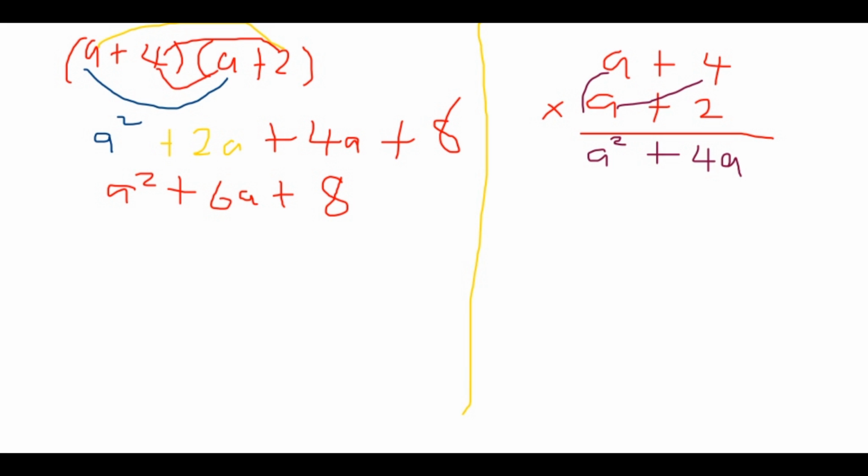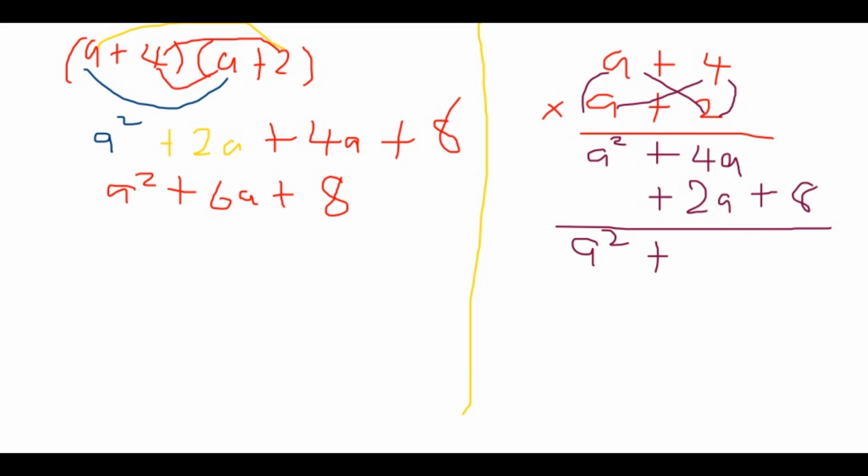Next, we move to the next row and multiply with the second term. 2 times a is 2a, and 2 times 4 is 8. So now let's combine the terms. We'll have a squared, 4a plus 2a is 6a, so I have a squared plus 6a plus 8 as the expansion.